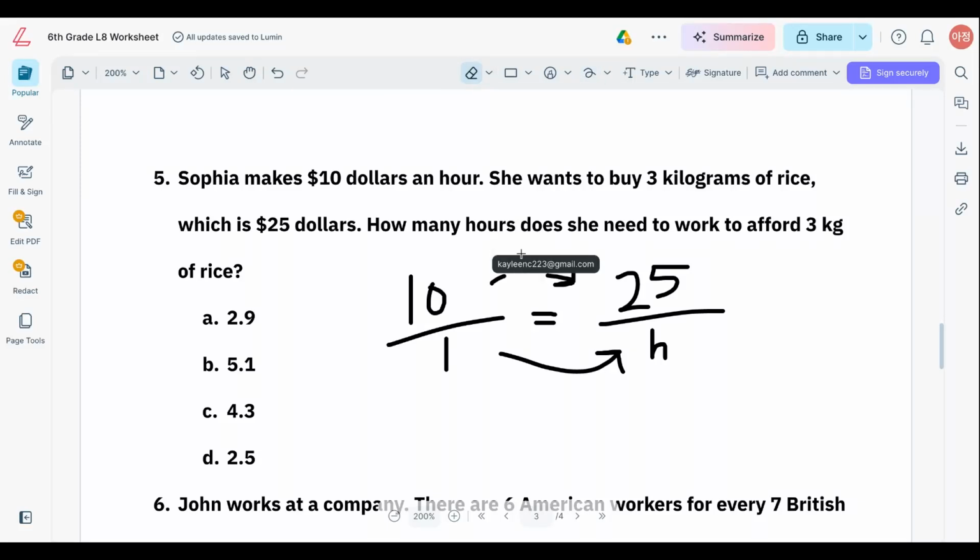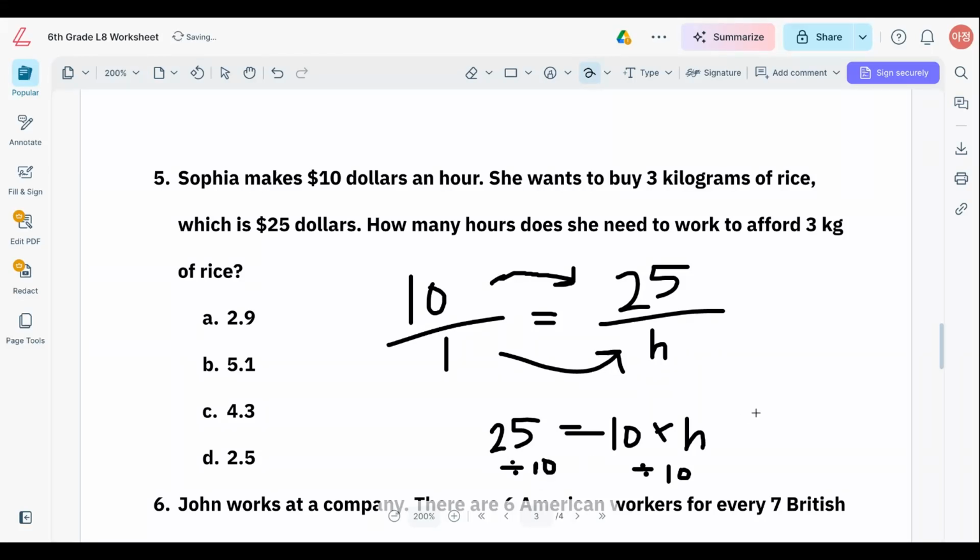If we cross multiply, it would be the same thing as well. We would do 25 times 1, that's 25, equals 10 times H. So then we can divide 10 from this side, and divide 10 from this side.